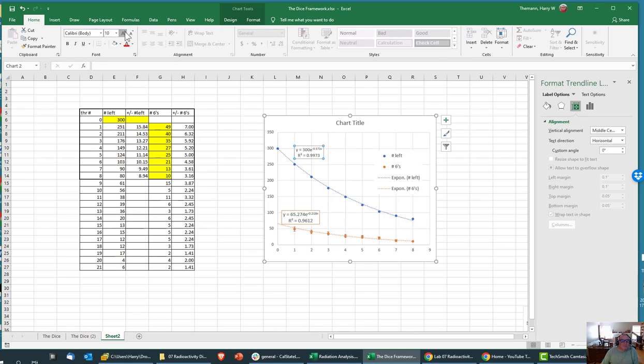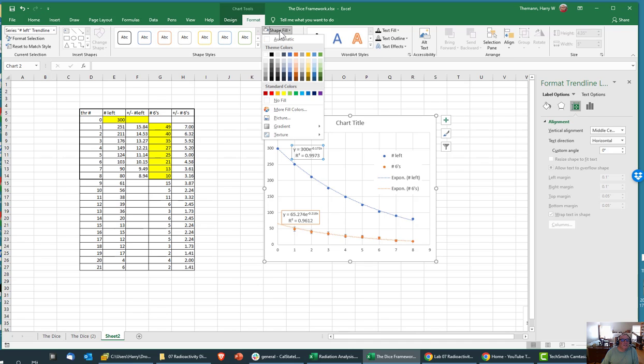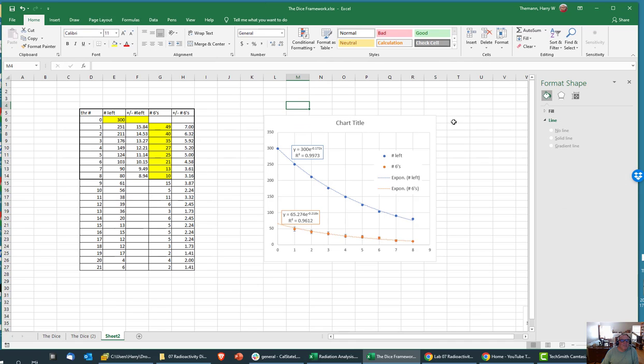Once again, I'll make the type a little bigger so it's easier to read. And back to format, I'll put a white background once again, and I'll make the outline match the color of the data points and the trend line itself. Okay, pretty nifty, huh?